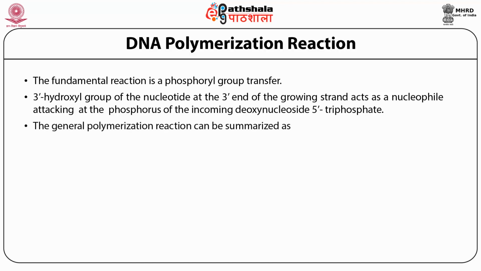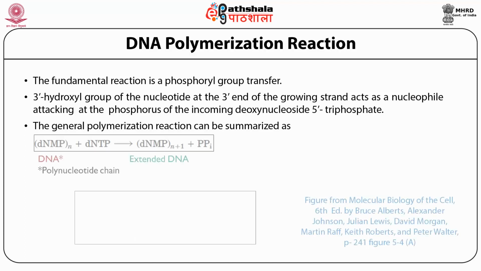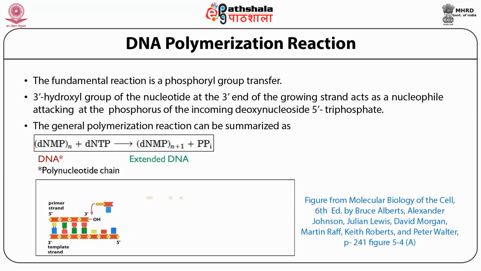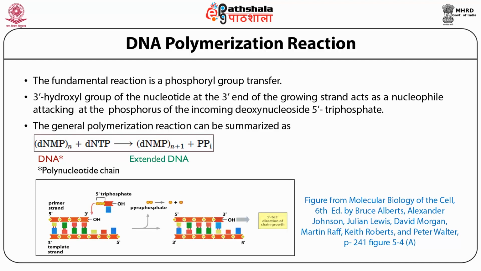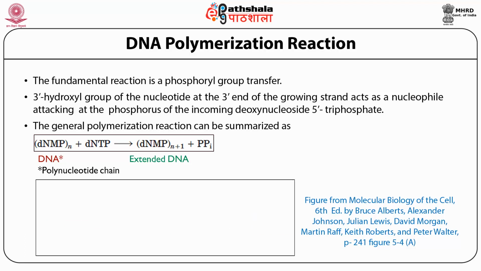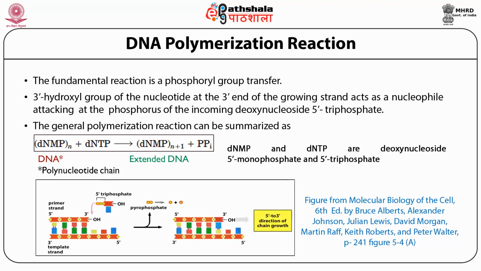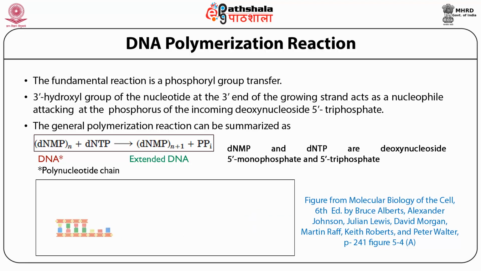The general polymerization reaction can be summarized as (dNMP)n plus dNTP makes (dNMP)n+1 plus pyrophosphate is released. Here dNMP and dNTP are deoxynucleoside 5' monophosphate and 5' triphosphate.